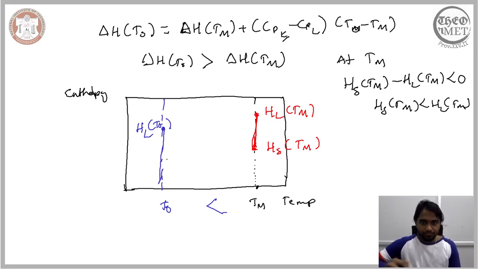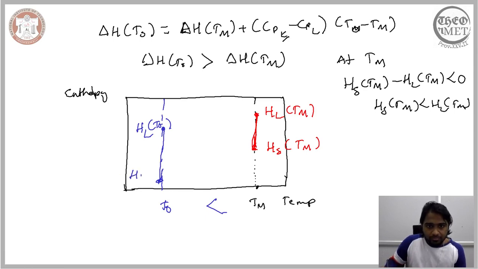So this would be our enthalpy of solid at T0. So what we have is a significant change in the enthalpy at lower temperature and not so significant change in enthalpy at higher temperature.